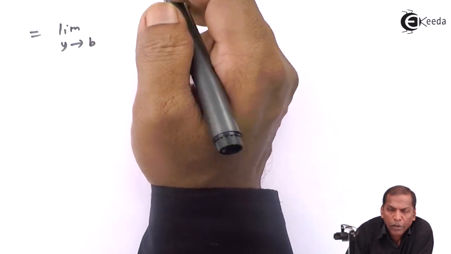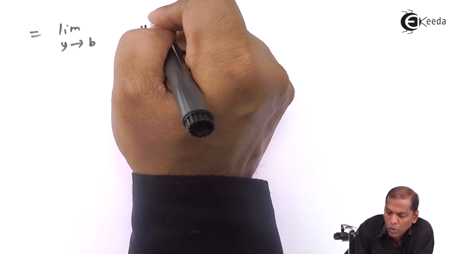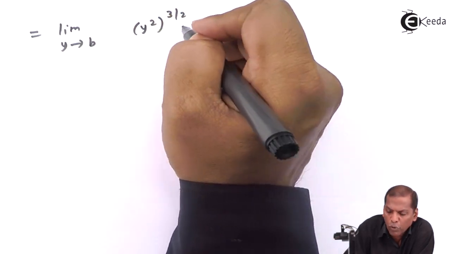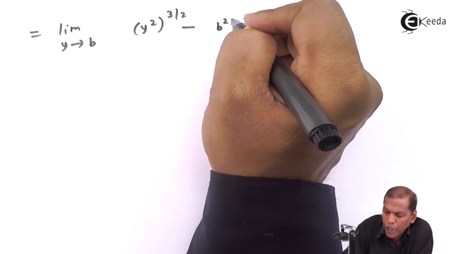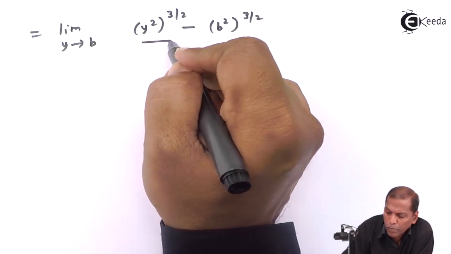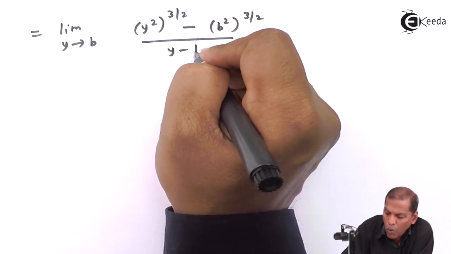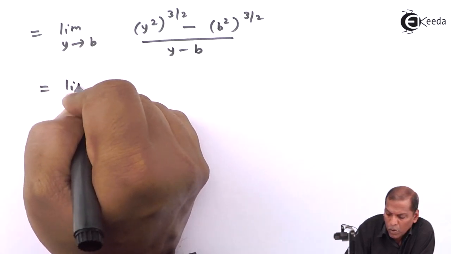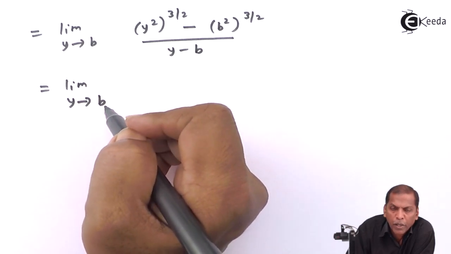Now in the numerator we write (y square) whole bracket raised to 3 by 2 minus (b square) whole bracket raised to 3 by 2 upon y minus b, that is equal to limit y tends to b.